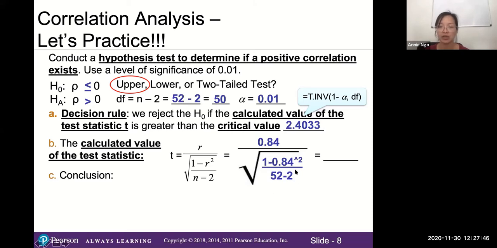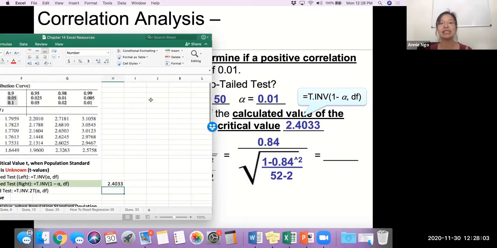I'm going to show you how to do it in Excel. You can also try it on a calculator and see if we have the same answer. This is how I do it. I always do it in parts, and I work it from an order of operations perspective. So the first thing we want to do is work with the inside of the radical. I'm going to do equals 1 minus 0.84, and then the exponent 2, because I only want it to square my r.